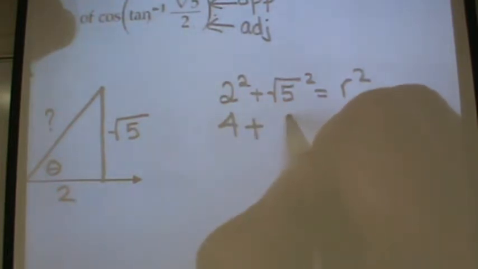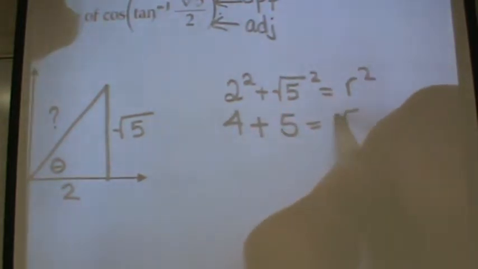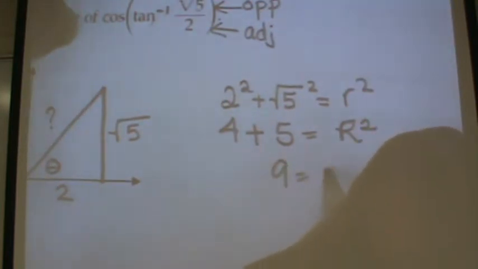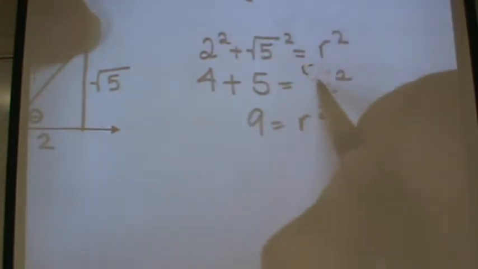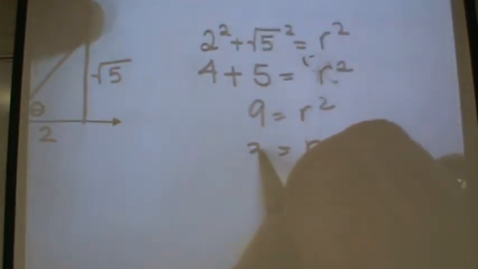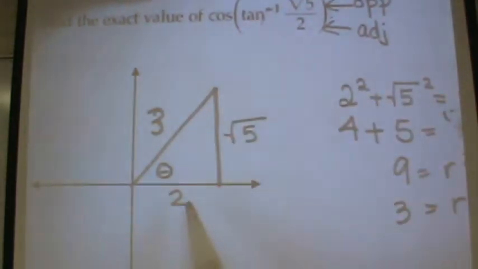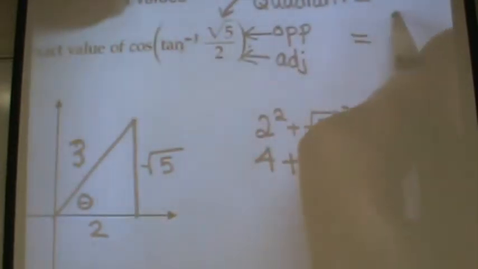So 4 plus 5, which is 9. 9 is r squared. And what's r? 3. So now, what is the cosine of this angle? 2/3. This answer is 2/3.